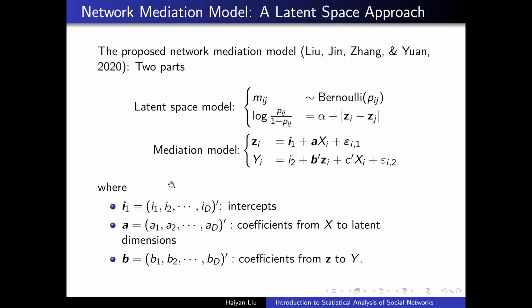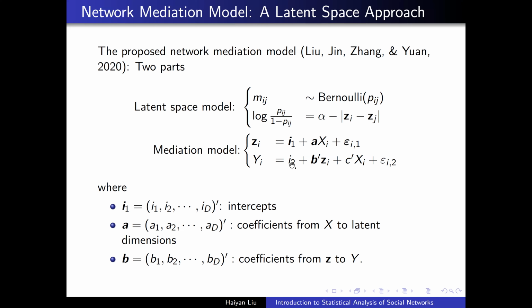In this model, if we have D dimensions, then when we regress the Z latent positions on X, we have D intercepts and D coefficients from X to the latent dimensions. We also have D coefficients from the mediator to the dependent variable Y. So therefore, I1, A, and B here are all vectors with D elements.